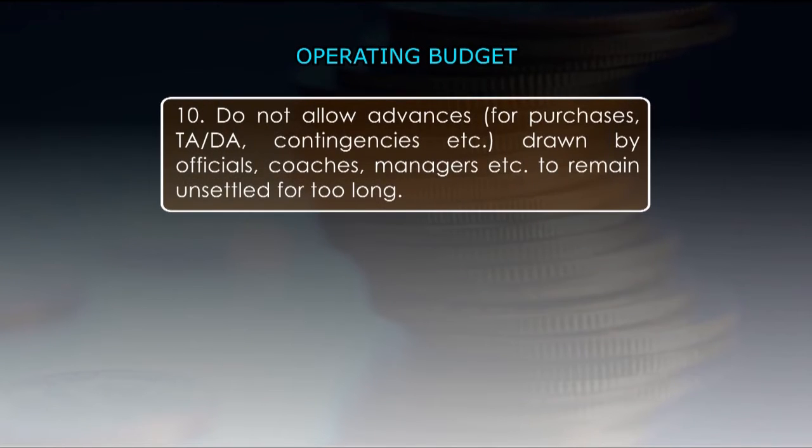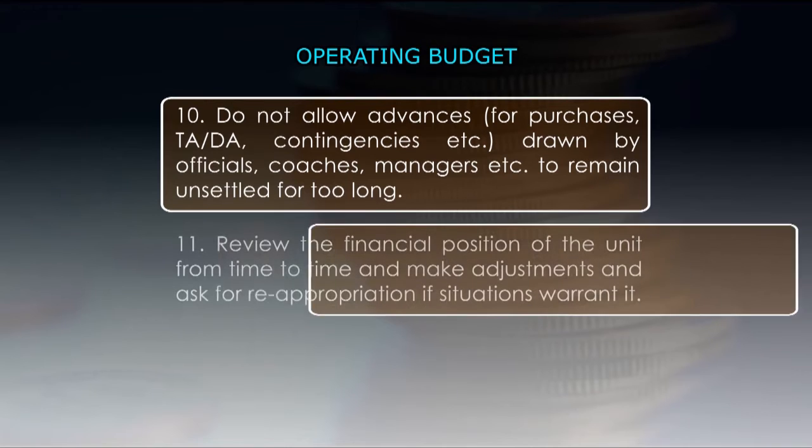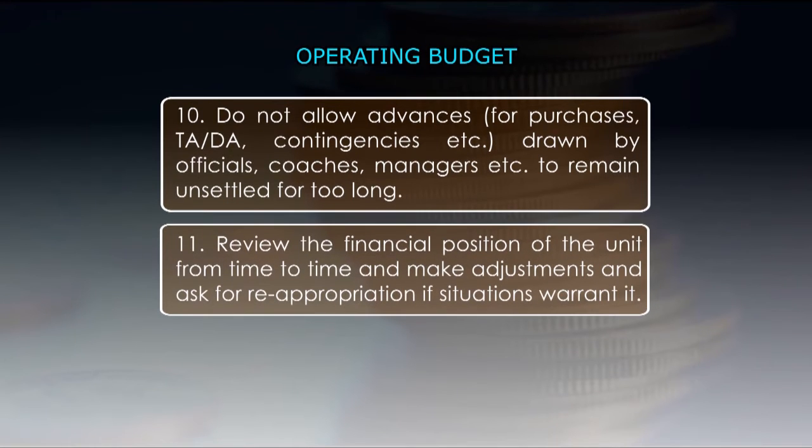Number 10, do not allow advances, for example, for purchases, TADA, contingencies, etc., drawn by officials, coaches, managers, etc., to remain unsettled for too long. Number 11, review the financial position of the unit from time to time and make adjustments and ask for reappropriation if situations warrant it.